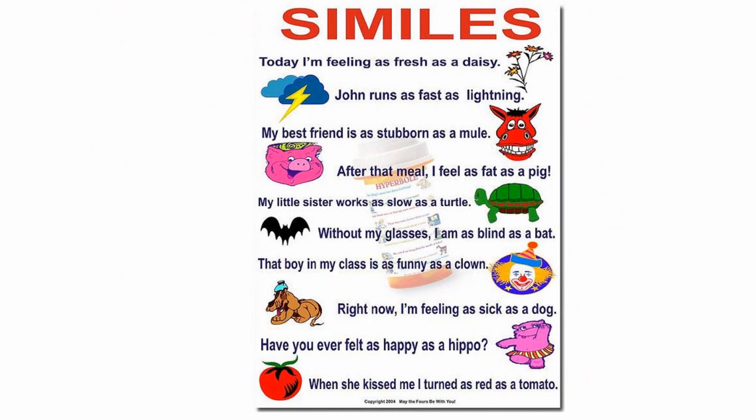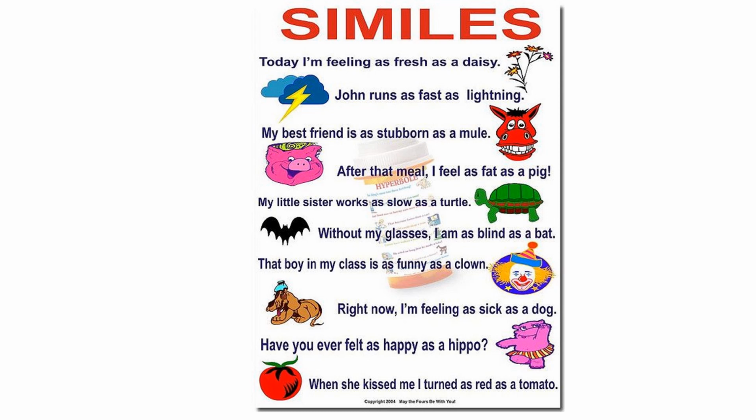So here are some examples of similes. Today I'm feeling as fresh as a daisy. Of course, you can see the word as. It's comparing how I feel to a daisy because flowers are fresh. John runs as fast as lightning.